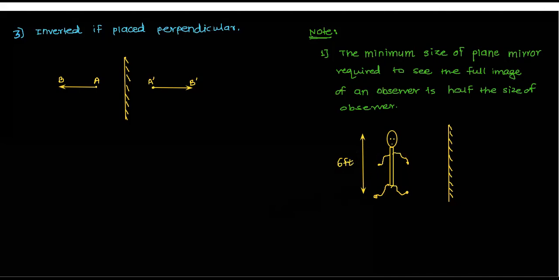How much is the size? 6 feet. So if you want to see the full image in this mirror, then this mirror size should be how much? Half of the size. So the mirror size should be 3 feet. Then we can see the full image in this mirror. Understand what we can do? We can see its full image like this.